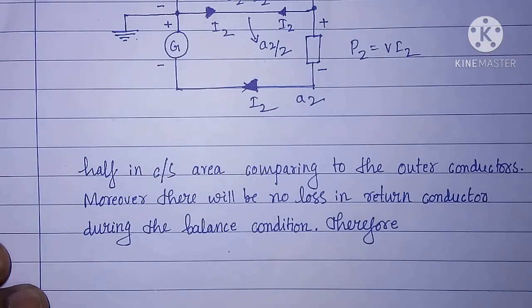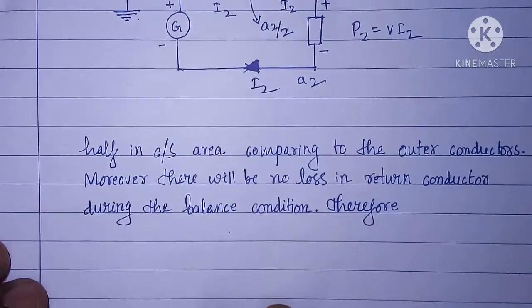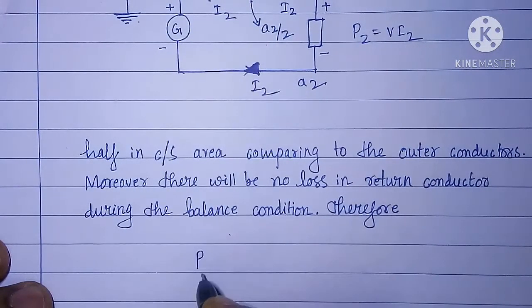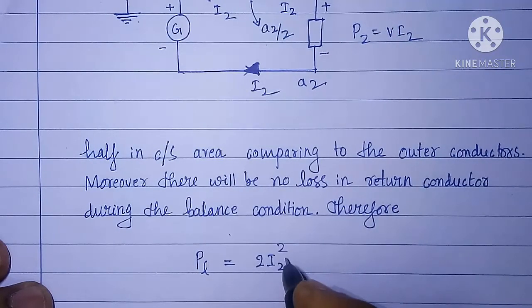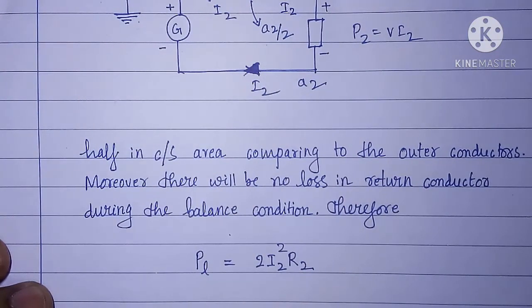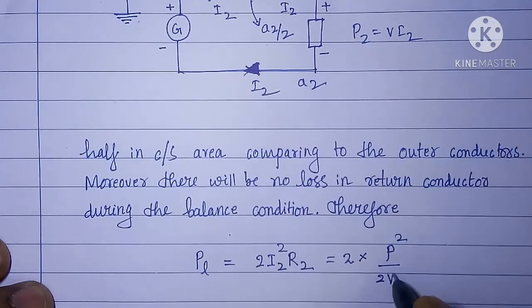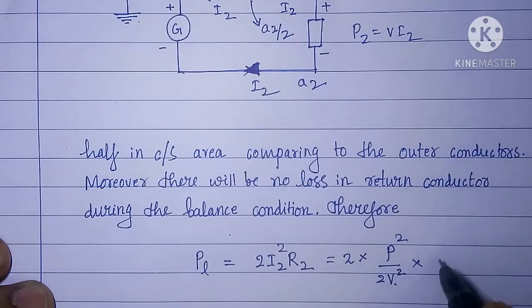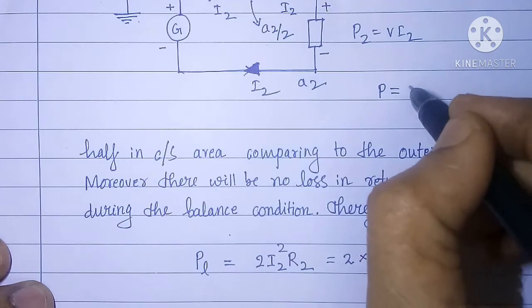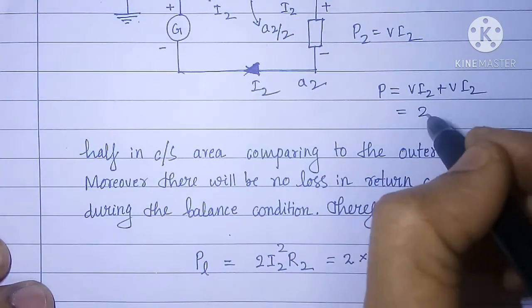Therefore, total loss will become two times I2 square into R2, that is equal to 2 into P square by 2 times V2 square into R2, because here the total power is Vi2 plus Vi2, that is equal to 2 times Vi2.